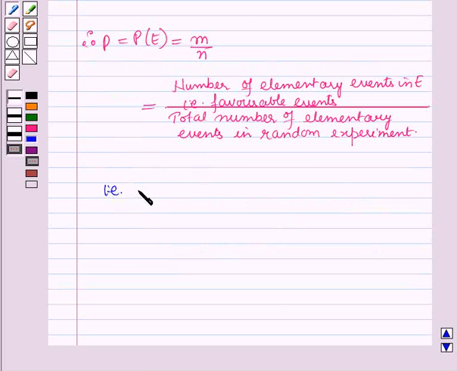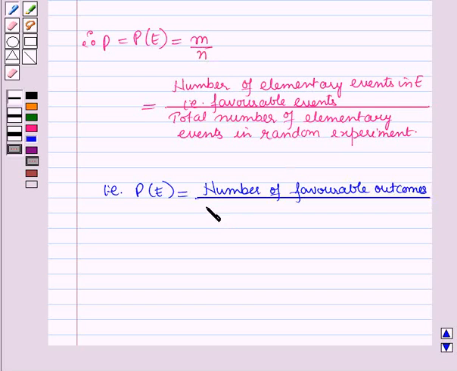That is, P of E is equal to number of favorable outcomes over total number of possible outcomes.